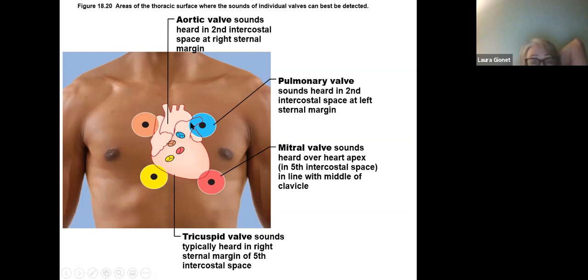And then about the fourth to fifth intercostal space to the left of the sternum is where you would listen to the tricuspid valve. And then further, as you travel along that fifth intercostal space and radiate outward toward the axilla, or armpit area, is where you would listen to the mitral valve.